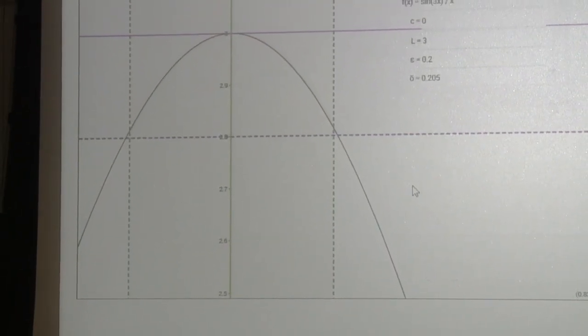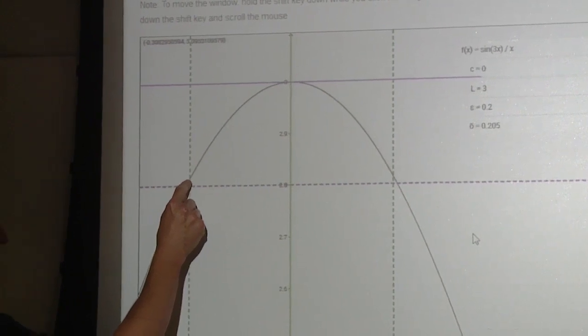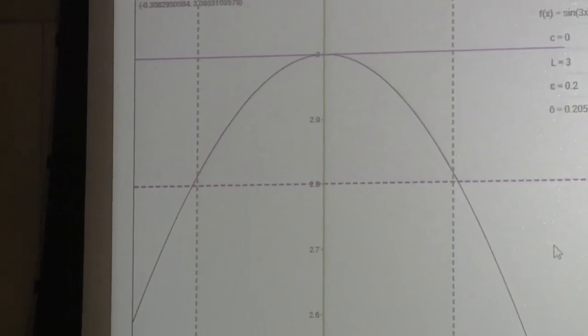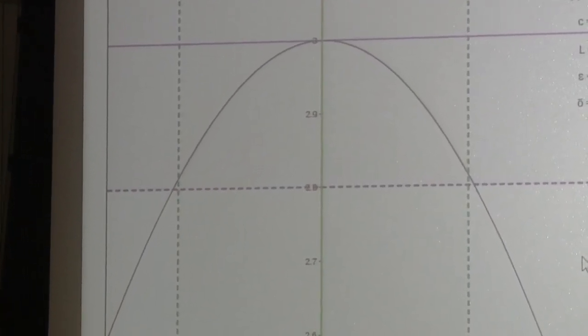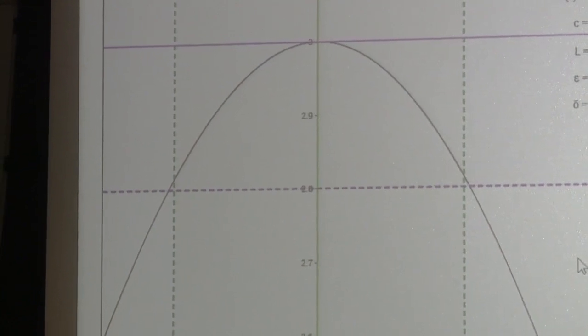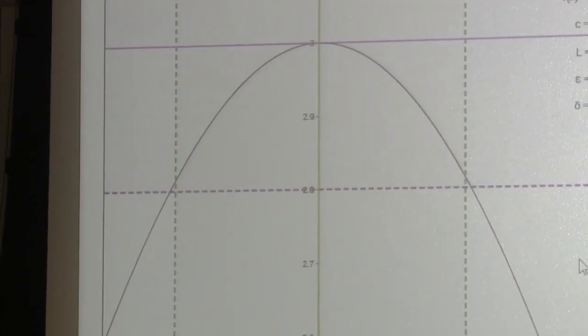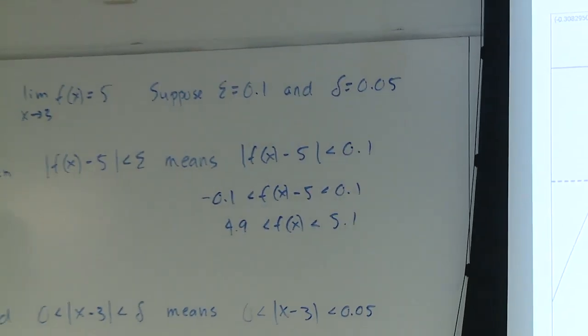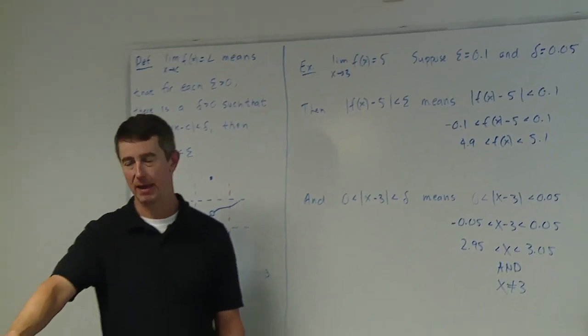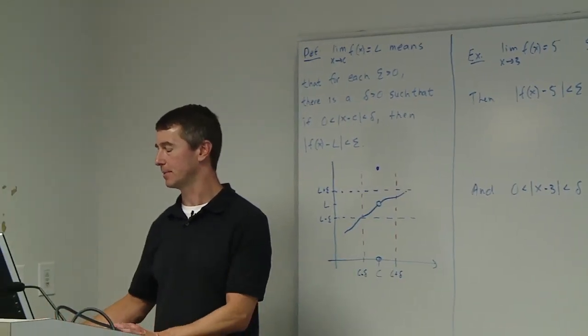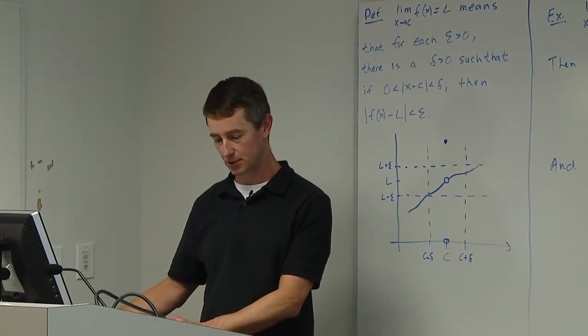Even with a little bit to spare, right? I could even go all the way down to touch here. So you could even make delta a little bit bigger, 0.206 or something like that. But the point is, all we have to do is find a delta that works for this epsilon. So you could go maybe 0.206 or something like that, but 0.205 is good enough.